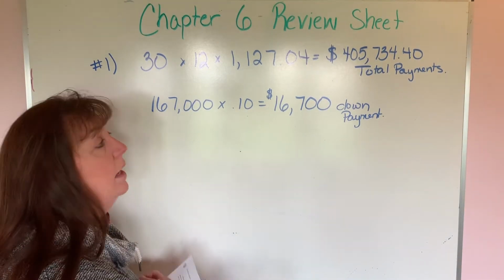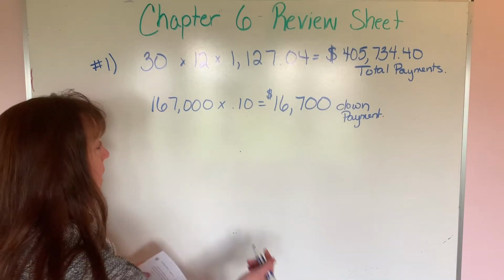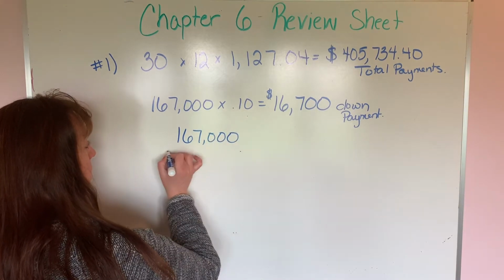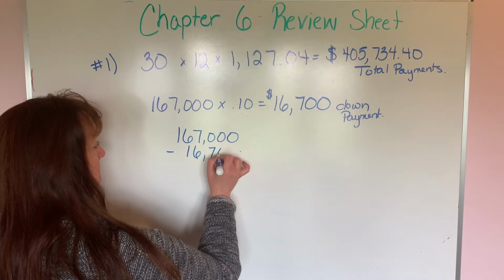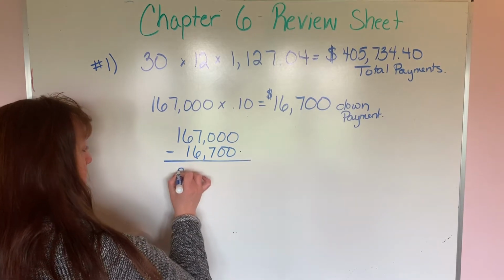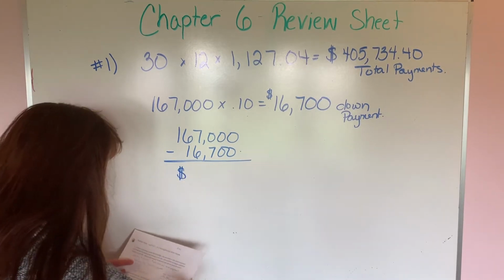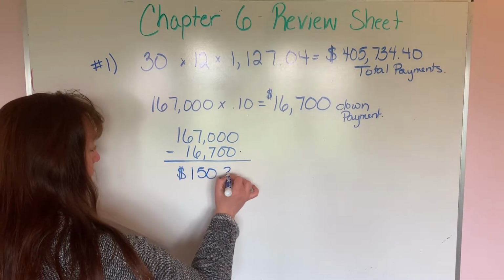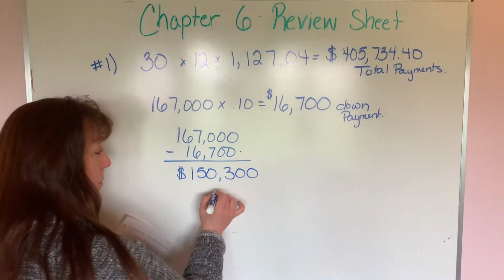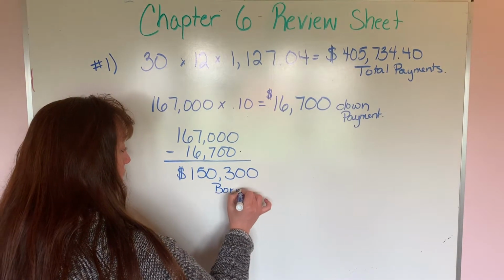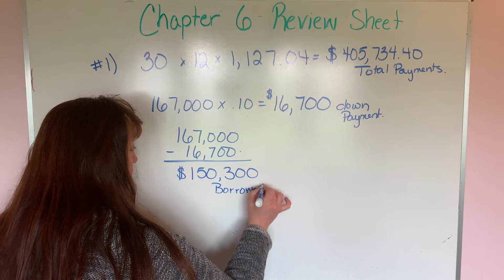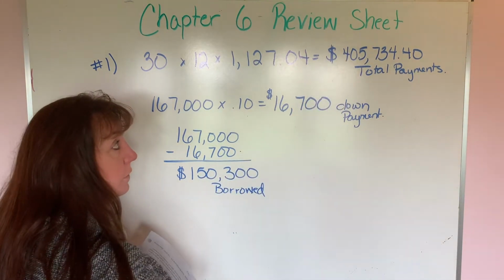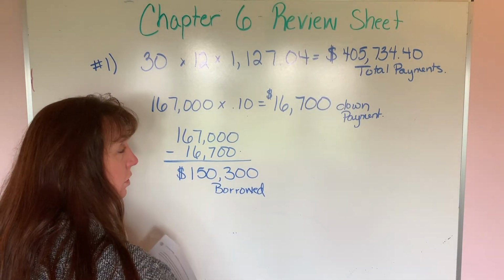The difference is how much she borrowed from the bank. So we need to figure out the difference. So the difference between there is $150,300. So that's how much she borrowed. She paid them a total of $405,734.40.